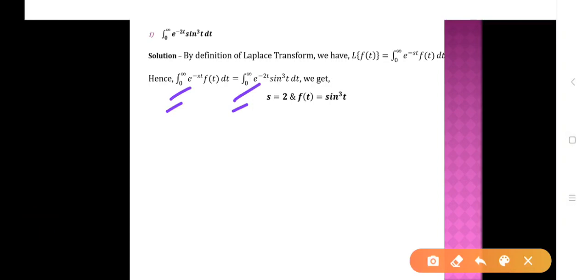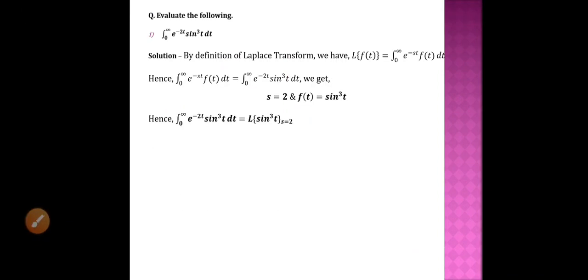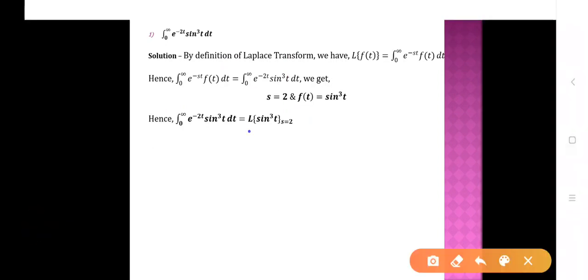E raised to minus st on LHS, on RHS it is e raised to minus 2t. So easily we can say that s equal to 2 here, and the function of t is sine cube of t. So the given integration we can write as the Laplace transform of sine cube of t with s equal to 2.